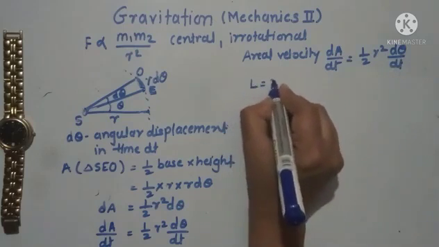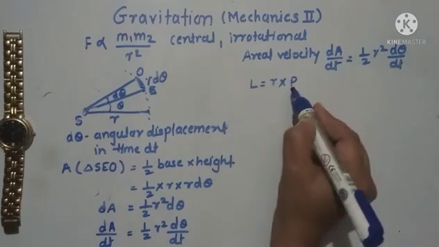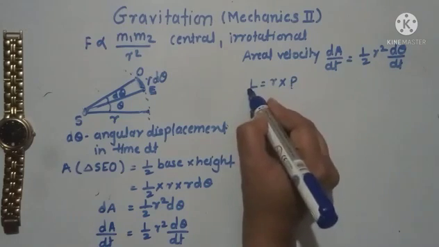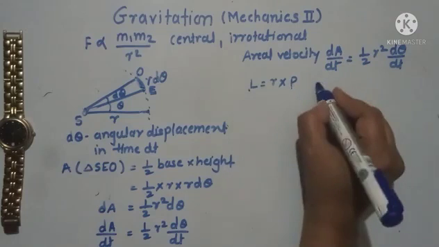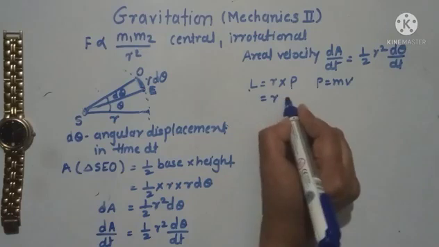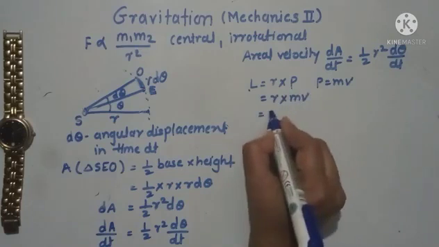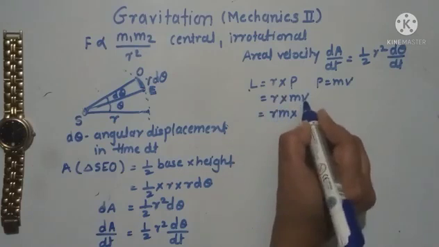We know that L is equal to r into p. This is the relation between the linear momentum and angular momentum. This p is the linear momentum, p is equal to mv, so let us put the value of p as mv, r into m into v.